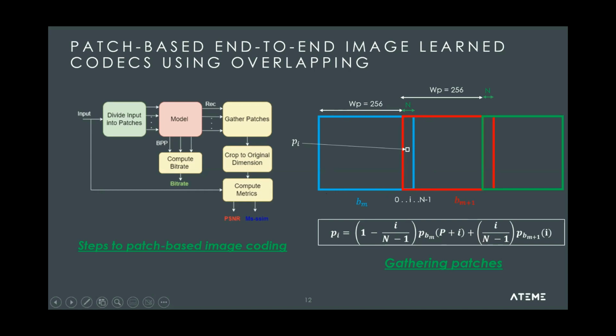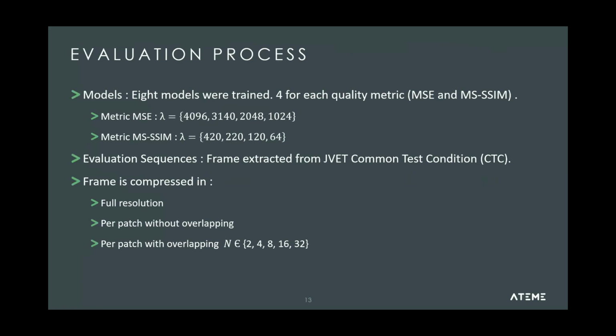So after we have all the decoded image gathered, we can compute our metrics and evaluate it. To evaluate our approach, we trained 8 models, which means 8 image codecs, 4 for each quality metric, because we use two quality metrics, MSE and MS-SSIM, and we used 4 lambda values, where each value corresponds to a different rate.